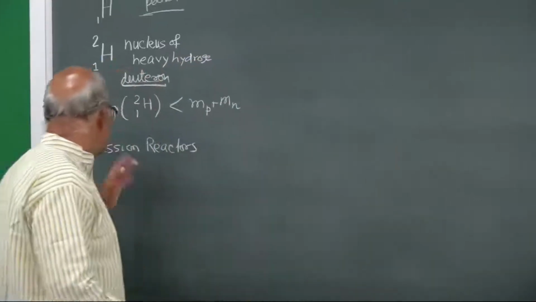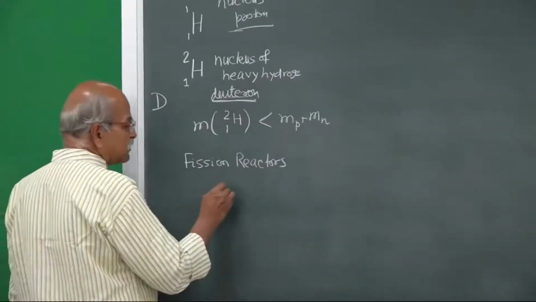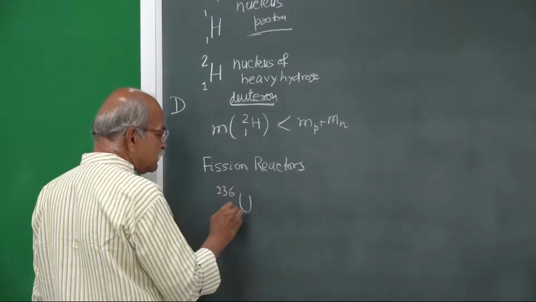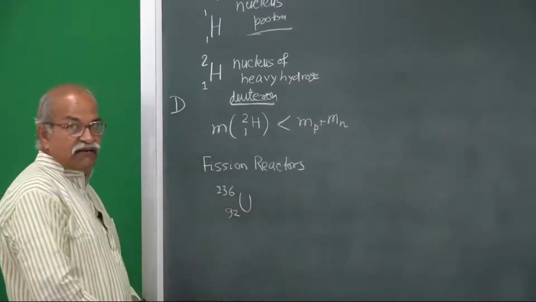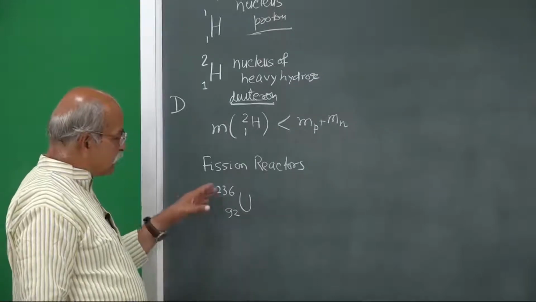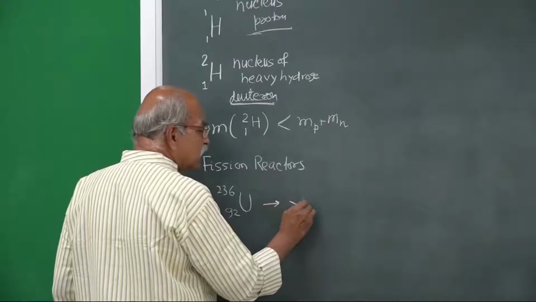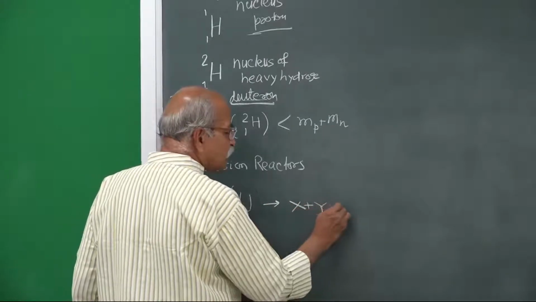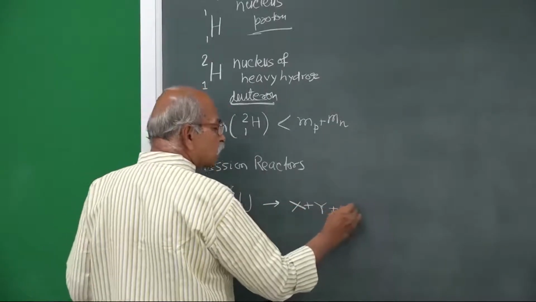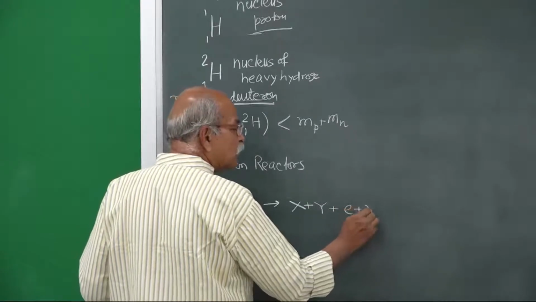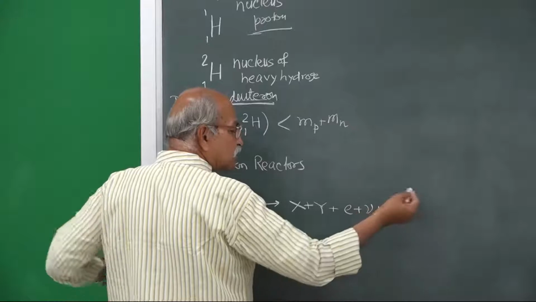In this, what we do, we have some uranium nucleus, uranium 235 with 92 protons, then we put in a neutron and we make uranium 236, and this breaks into other nuclei X plus Y, and then some electrons etc., and then some neutrinos, and then energy.